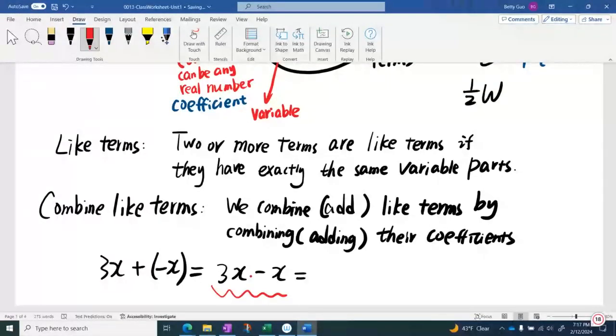We keep the variable part and combine their coefficients. The coefficient of the first term is 3. The coefficient of the second term is negative 1. We operate their coefficients and then keep the variable part. 3 minus 1 is 2. We have 2x. Does that make perfect sense?